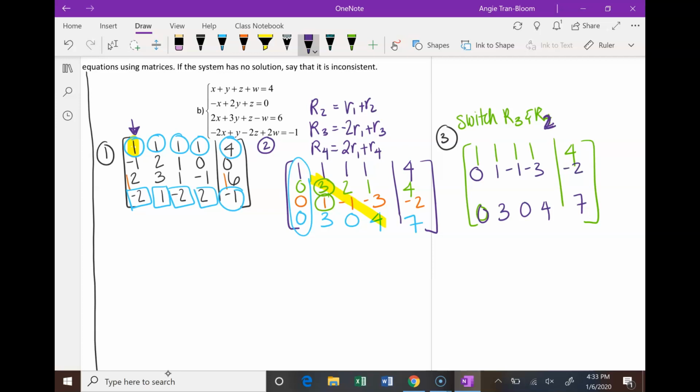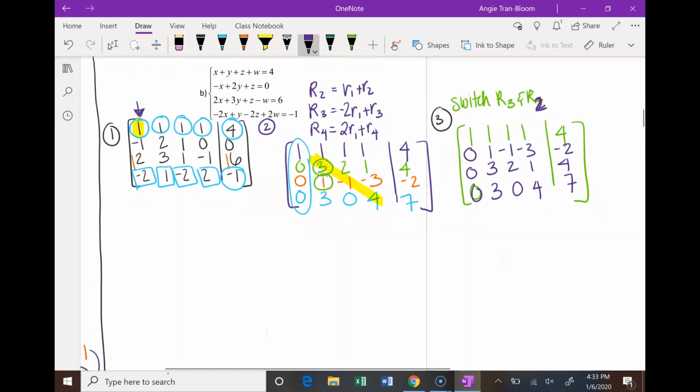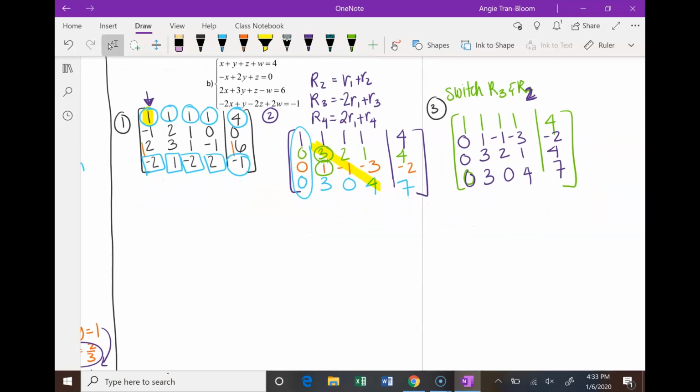And row 2 is now row 3: 0, 3, 2, 1, 4. Let me just quickly glance at it to make sure I copied everything correctly from the previous matrix, because if I don't, I have to go back, and as you can see, it's a lot of writing. Next, step number 4: make sure these guys right here are now zeros.